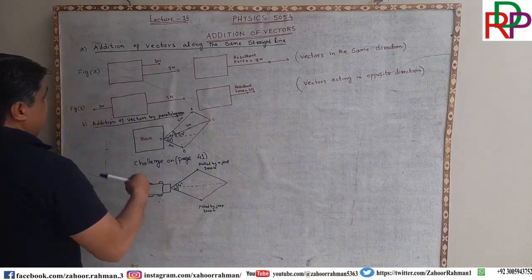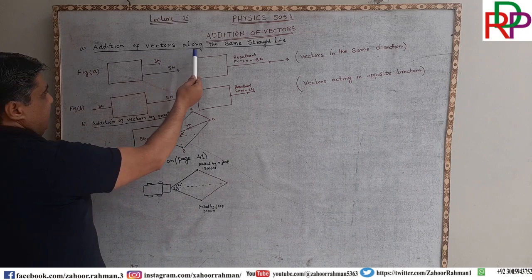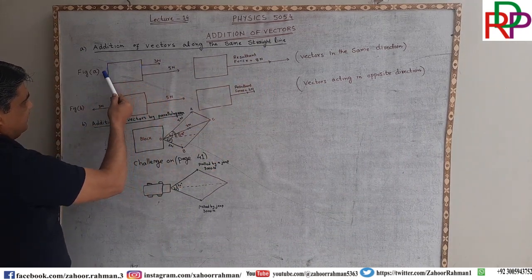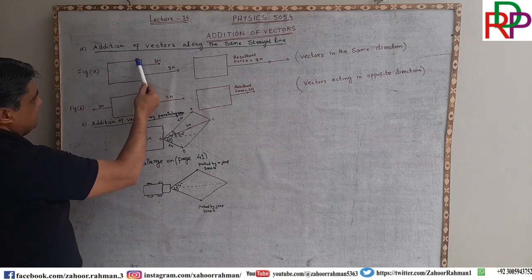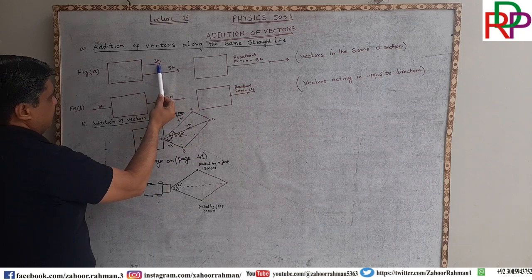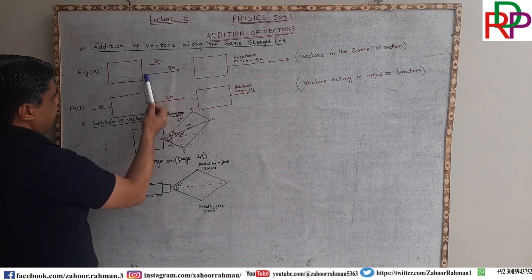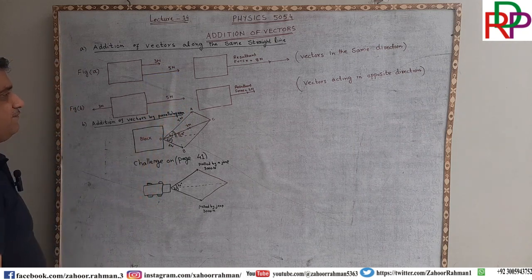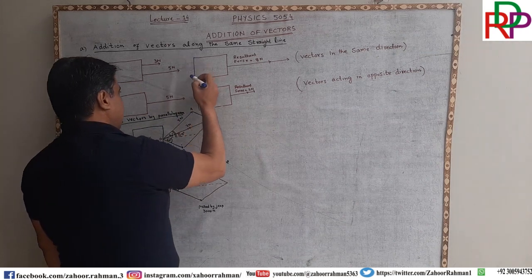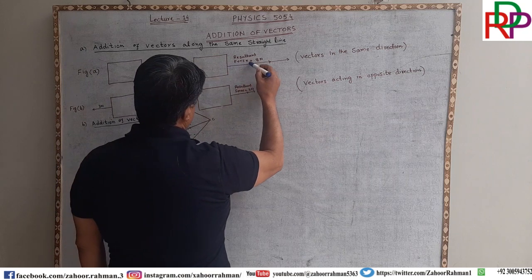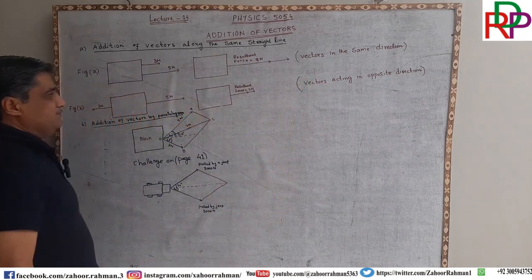Ladies and gentlemen, addition of vectors along the same straight line means that if there is a block, one person is applying a force of 3 Newton on it and another person is applying a force of 5 Newton. Then you will observe, and this is a common observation, that it will move in one direction.